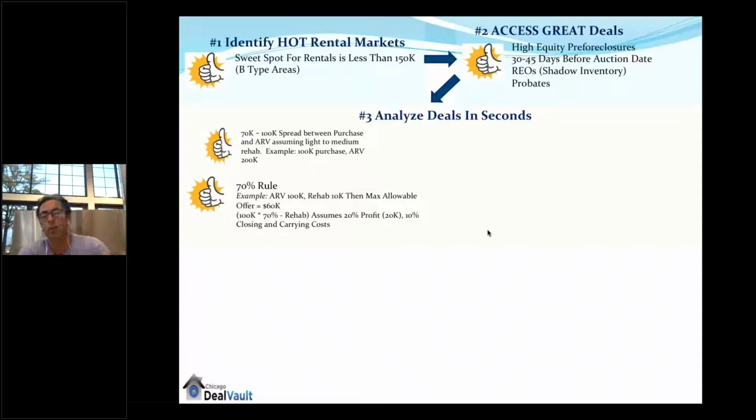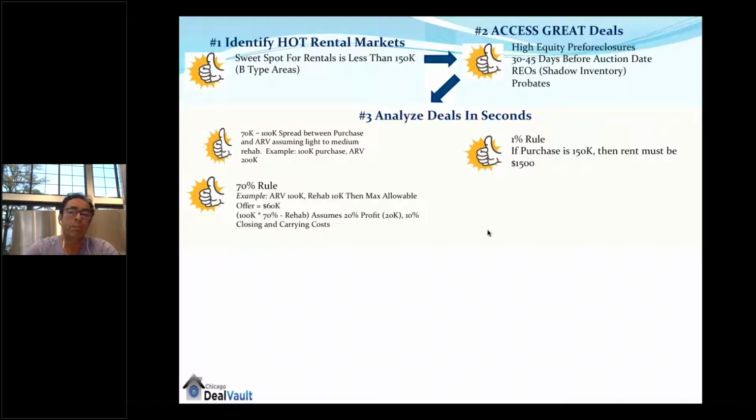And you don't even need to apply the 70% rule, because when you have that spread, it's already embedded into the formula. When you have $100,000 spread, what you pay for the property will be the right number, so long as your rehab is going to be less than 40,000.